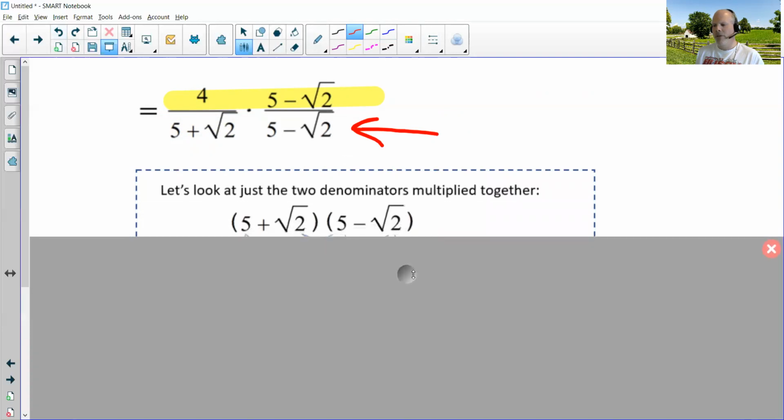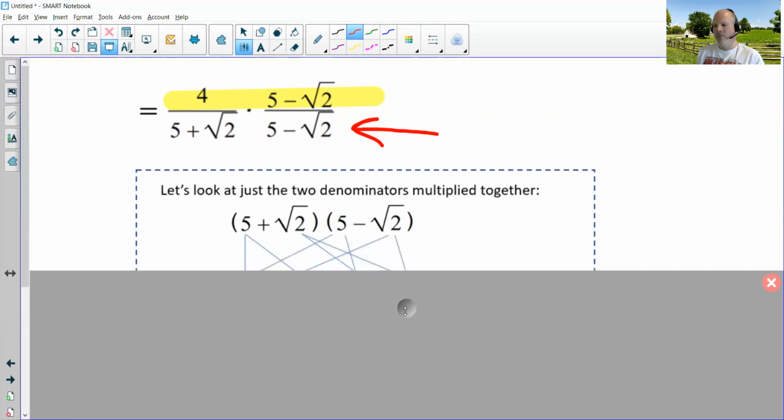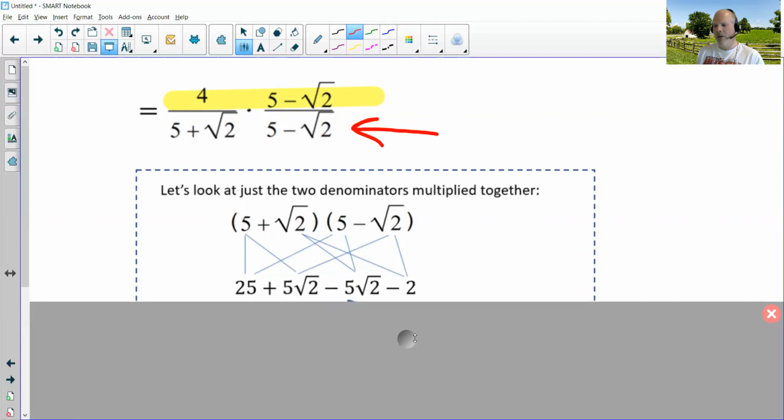When I multiply these together, and I use FOIL, which we talked about a few minutes ago, that means I'll do 5 times 5, then I'll do 5 times negative square root of 2, then I'll do square root of 2 times 5, and square root of 2 times negative square root of 2. Watch what happens. When I multiply all these out, 5 times 5 gives me 25.